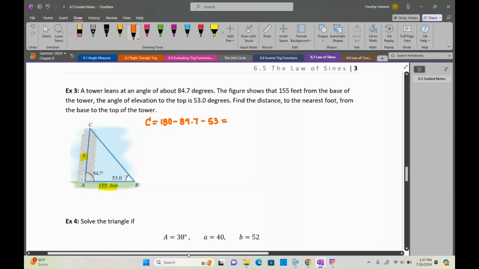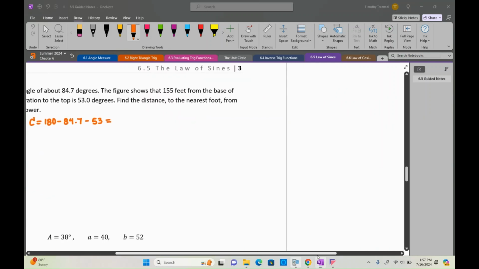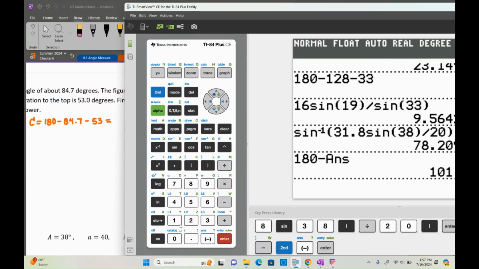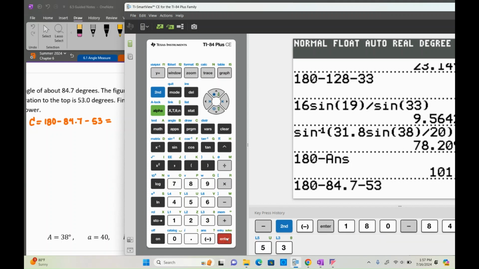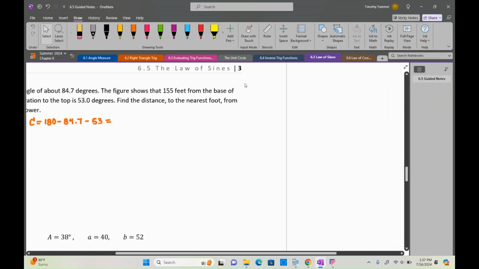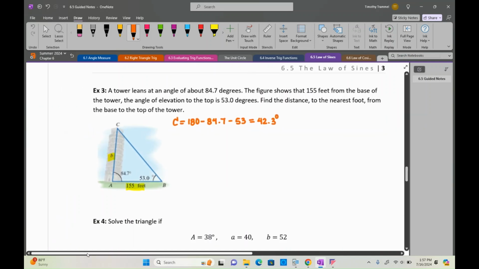All right, let's scoot this over and plug it into the calculator. So 180 minus 84.7 and then minus 53. Okay, we're getting 42.3.